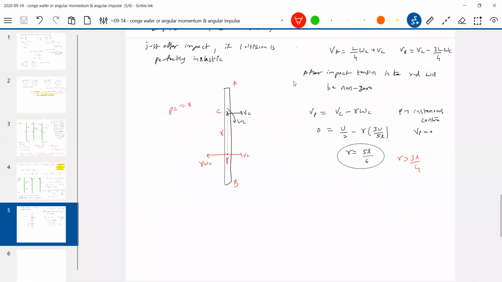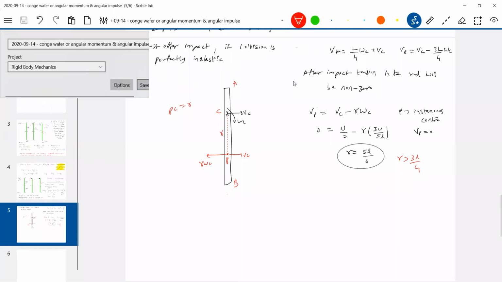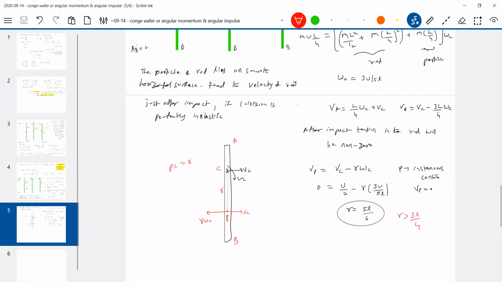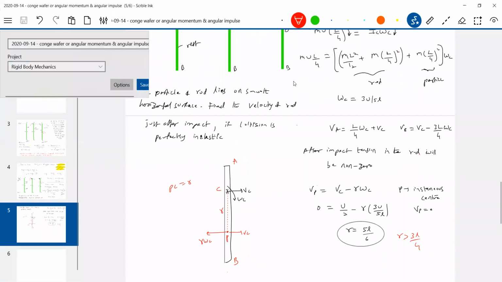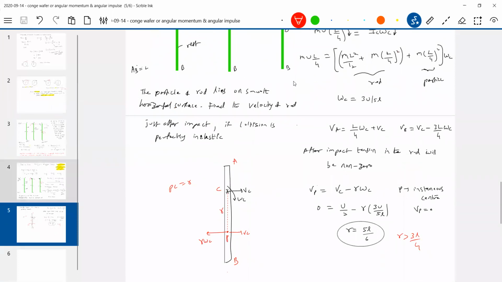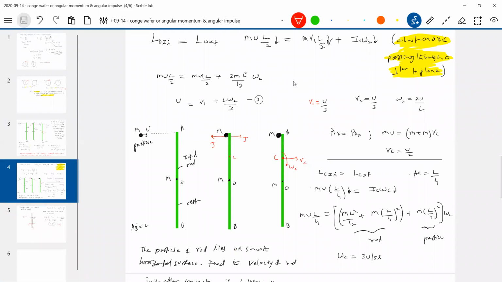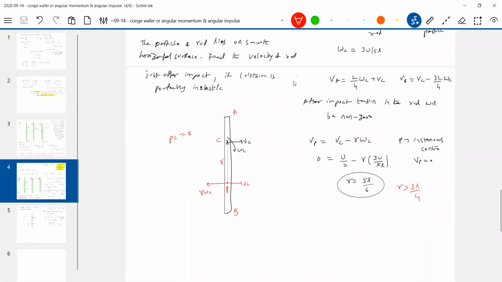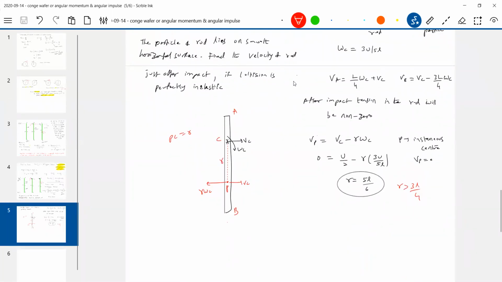You will write this equation like this. Able to see the screen? Okay, fine. You will write this equation like this. Person on the ground, no?